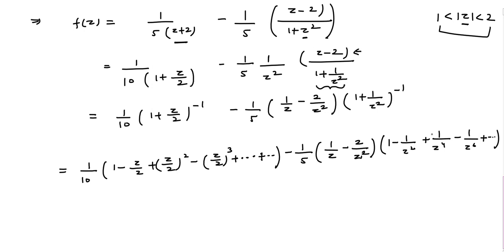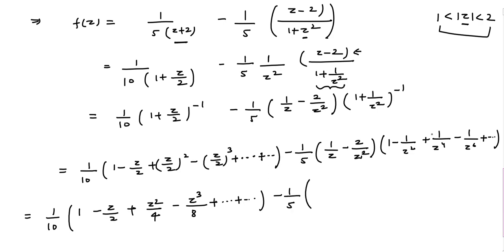So this can be simplified as 1 by 10, open all the brackets, that is 1 negative z by 2 plus z square by 4 negative z to the power 3 over 8 plus dot dot dot. So now here that is 1 by 5.